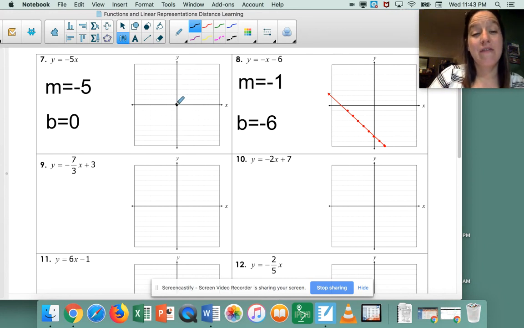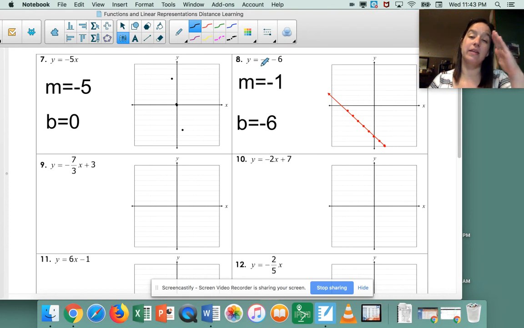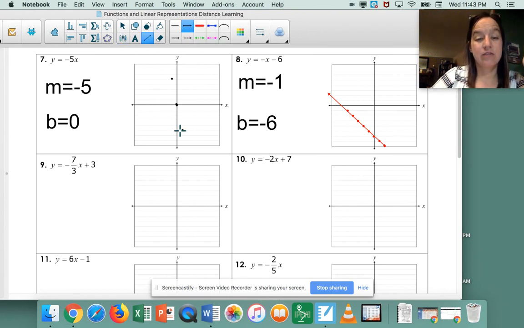So I can go down 5, 1, 2, 3, 4, 5, and over 1, or I could have gone up 5, 1, 2, 3, 4, 5, and over 1, because this one had to be a negative slope. So once I've got that done, we'll see if this works this time. Nope, it did it again, but you get the drift.